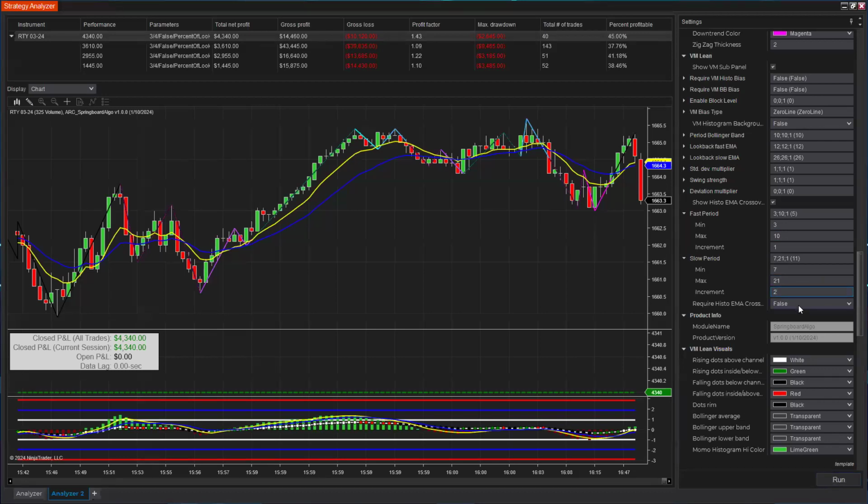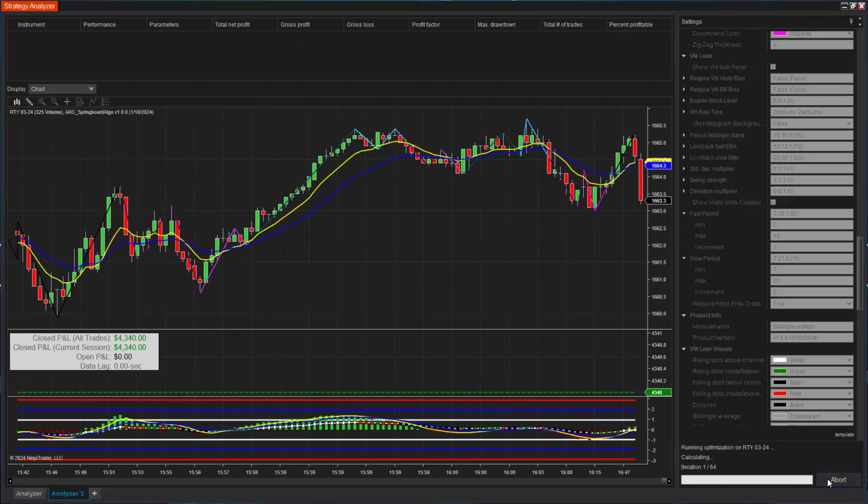Obviously, we need require to be true, otherwise we're going to optimize nothing. Okay, so 4,340 is where we're at. 64. See how long that takes.